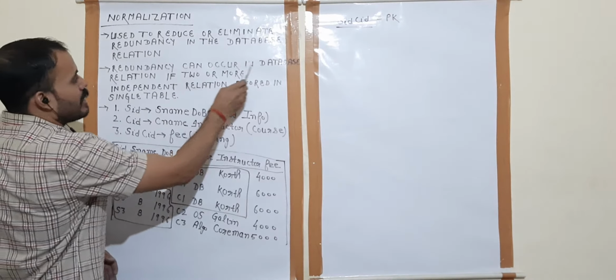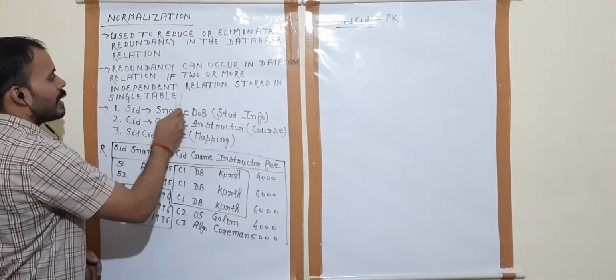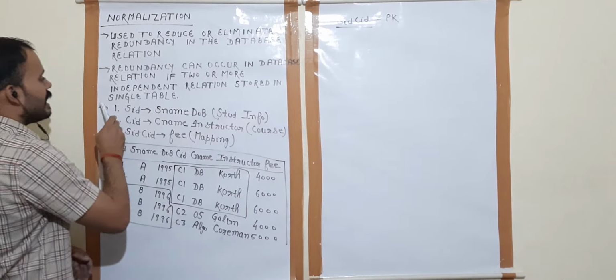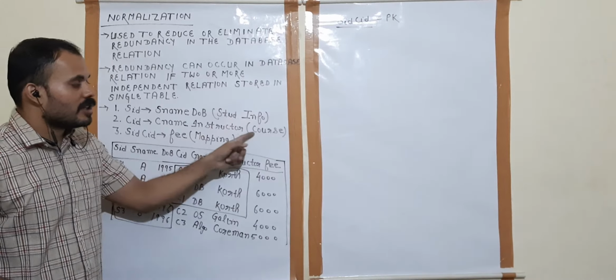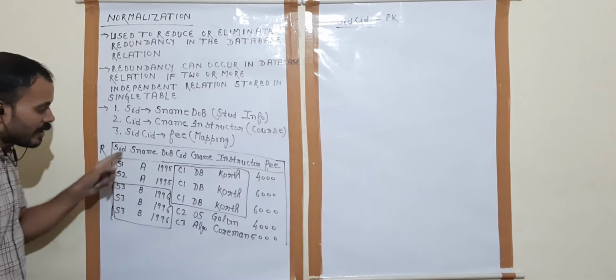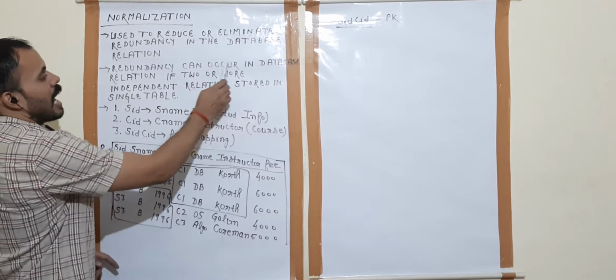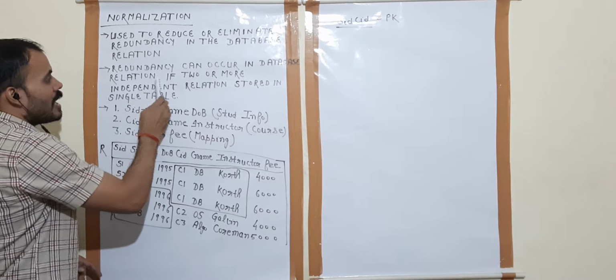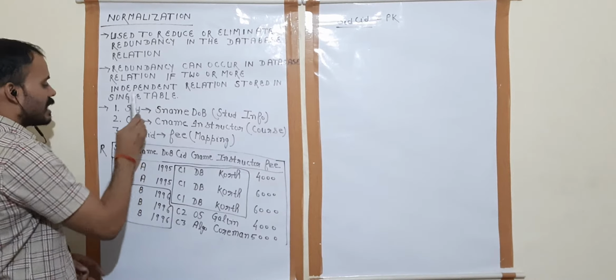Redundancy can occur in a database relation if two or more independent relations are stored in a single table.